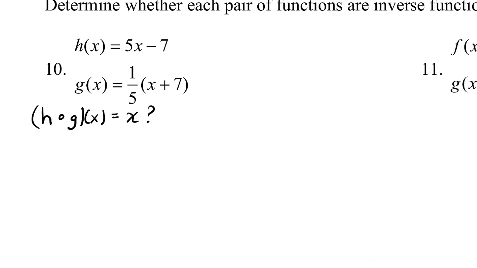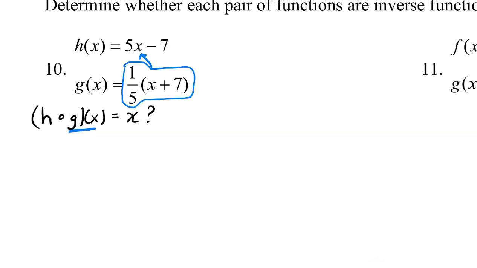We start with the function that's closest to x, so we're going to start with g of x. We're going to take this g of x function and plug that in. Composition is one thing composed into the other. So we're going to take that g of x and plug it into the other function where the x is. It's going to look like this.